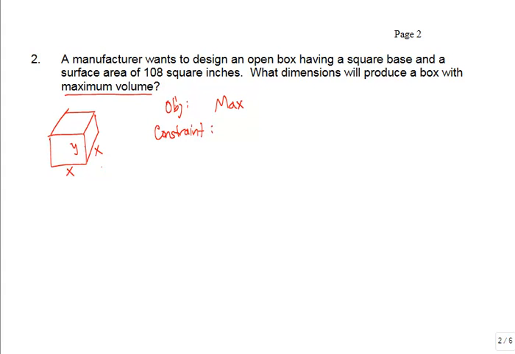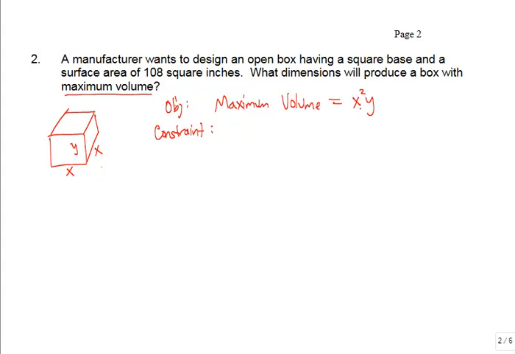And what would be the formula for the volume of this particular box? Well, volume of a box is length times width times height. So that would be x times x times y, or x squared y. This is the quantity that we're going to want to take the derivative of. You always want to take the derivative of your objective, whatever it is you're trying to maximize or minimize.